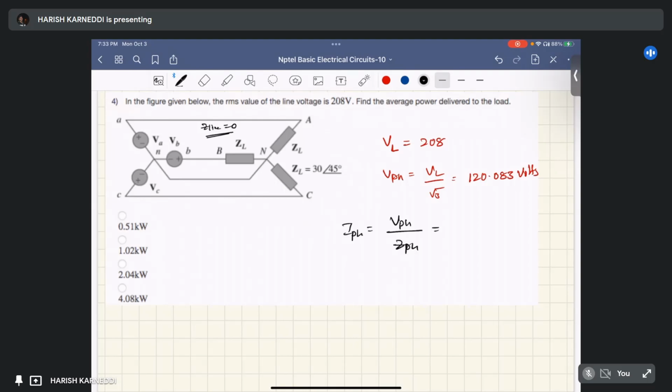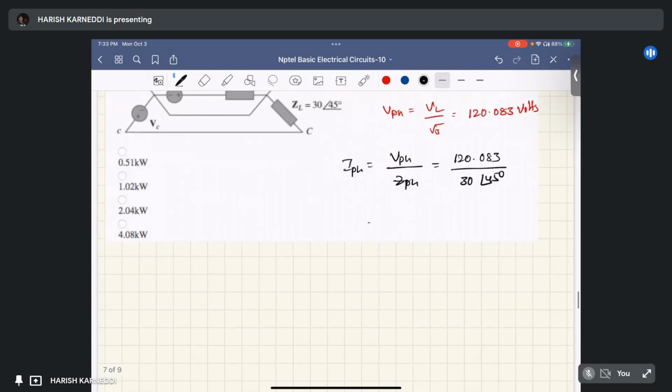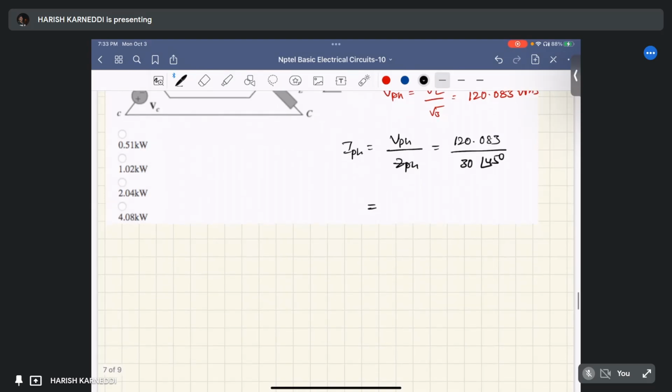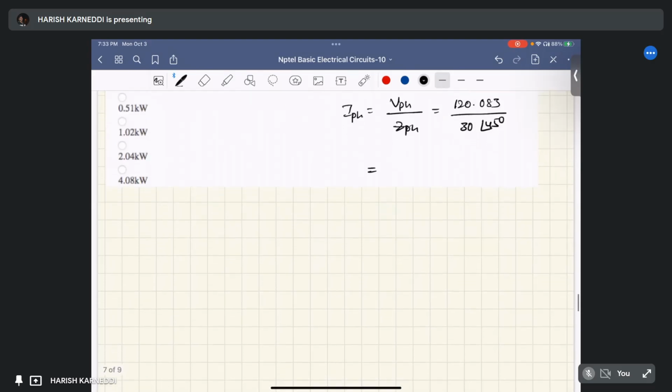So V phase is 120.083 by Z phase, which is 30 at an angle of 45 degrees, so I phase equals 4.00 at an angle of minus 45 degrees ampere.